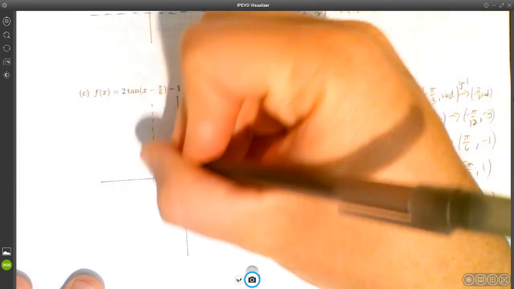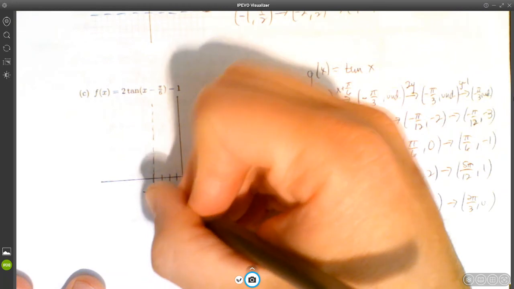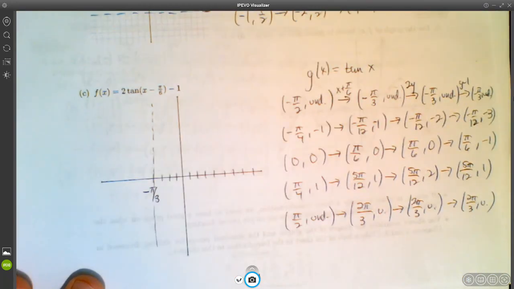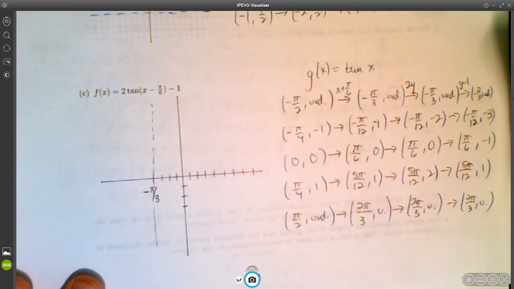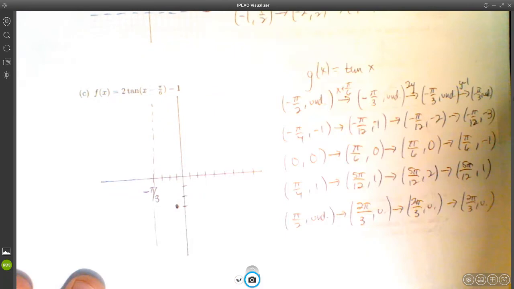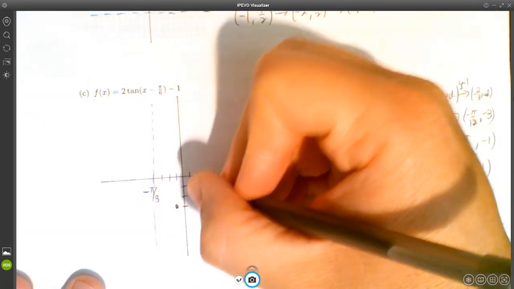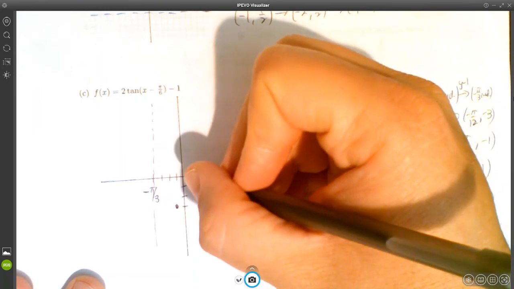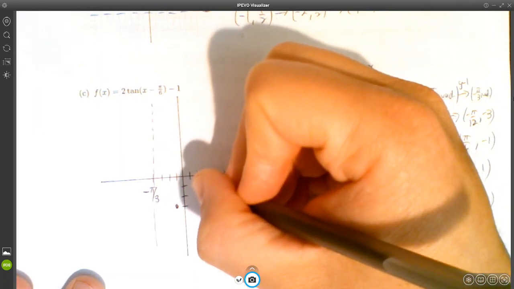But I know that I have an asymptote here at negative 4 pi over 12, or in other words, negative pi over 3. I know that at negative pi over 12, I'm at negative 3. At pi over 6, I'm at negative 1. So here's pi over 12, pi over 6, negative 1.